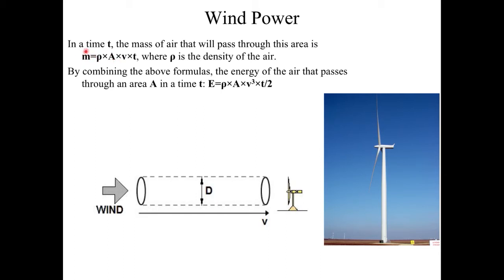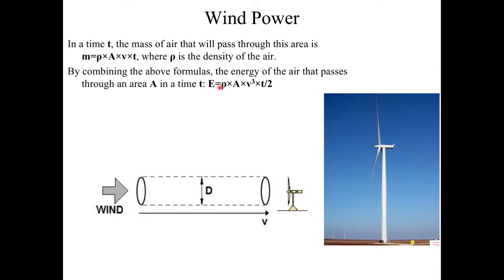The mass is equal to the density of the air times the cross-sectional area that the 3 turbine blades sweep times velocity times time, where rho is the density of the air. If we combine the formulas that I've shown you here and in the previous slide, you can calculate the energy captured by this equation: density times cross-sectional area times the cube of the velocity times time divided by 2.